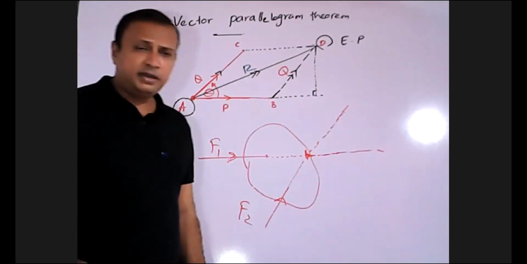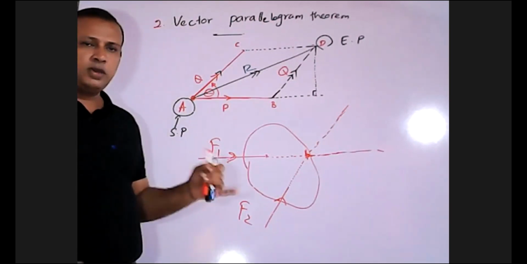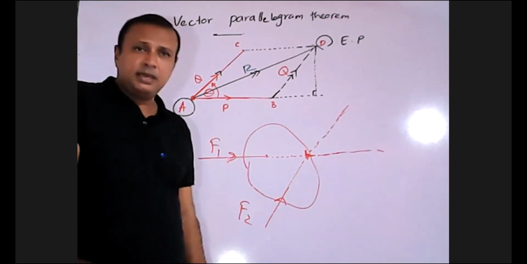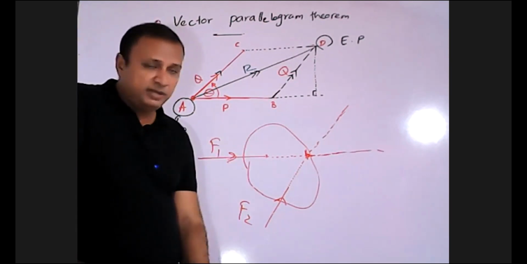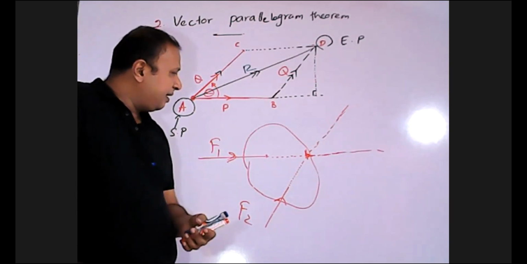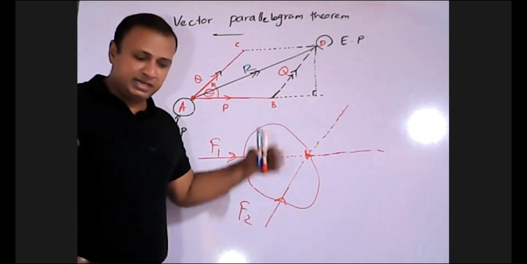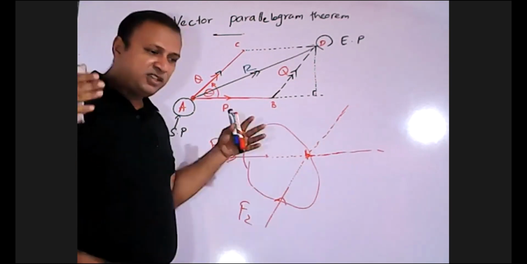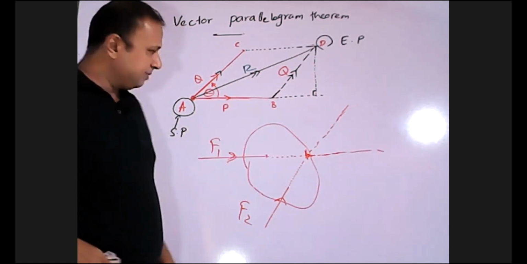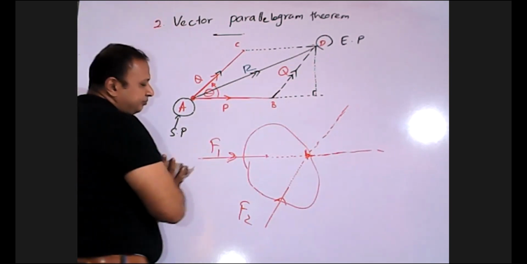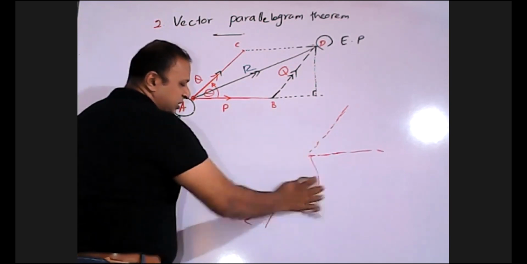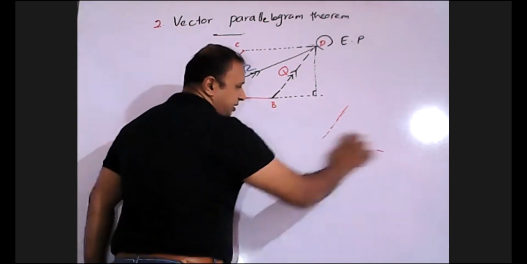Therefore, you can apply the vector parallelogram theorem for vectors which are acting at the same point, or which converge into a particular point. Okay. So that is the feature of the vector addition theorem.